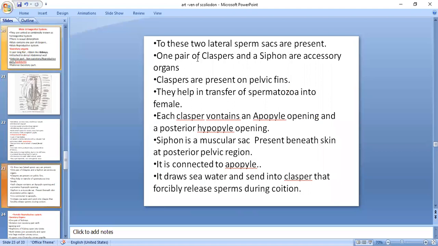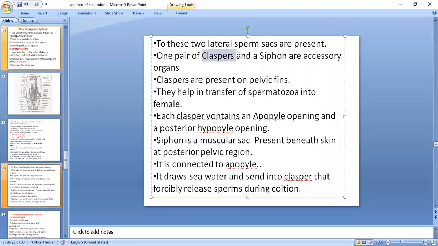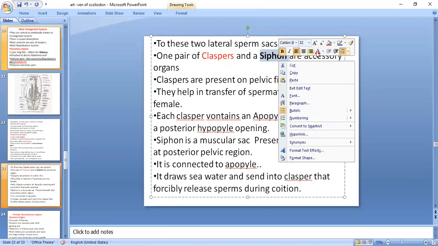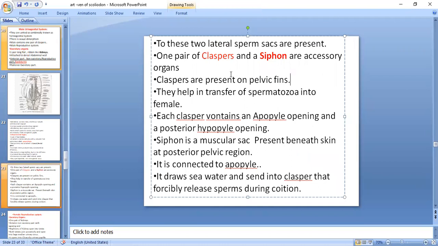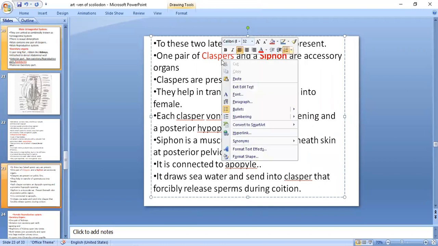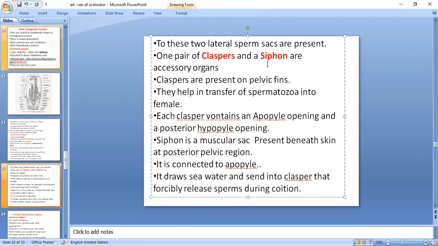One pair of claspers and a siphon. These are the accessory reproductive organs of this scleroderm. So, a siphon and a pair of claspers are present.